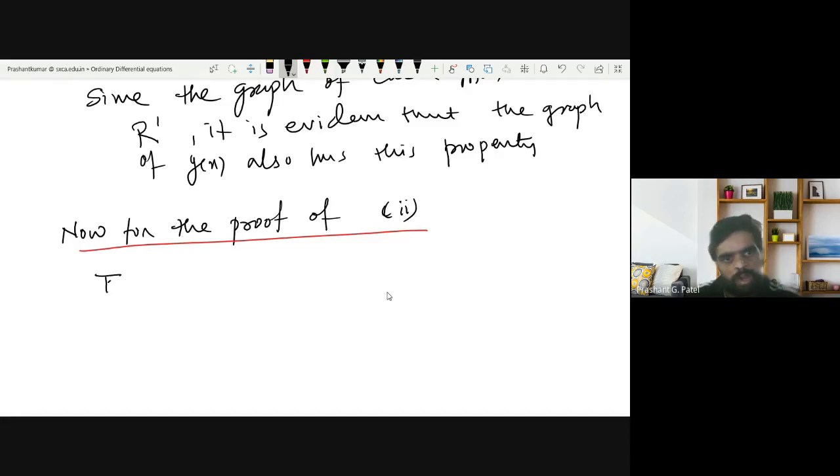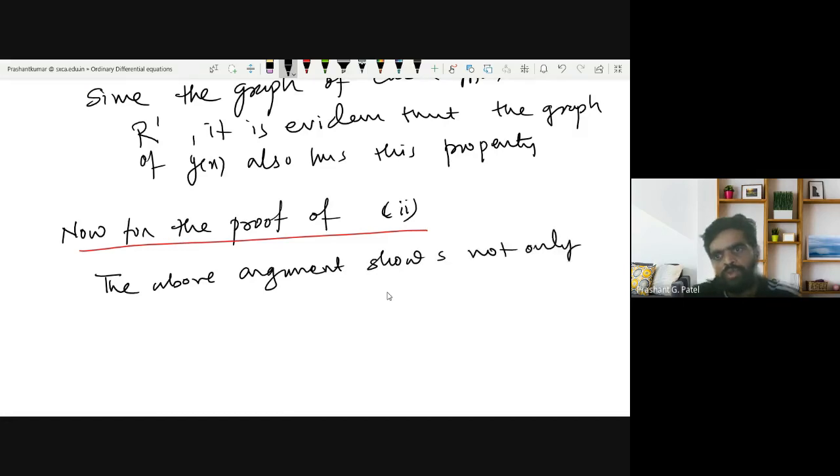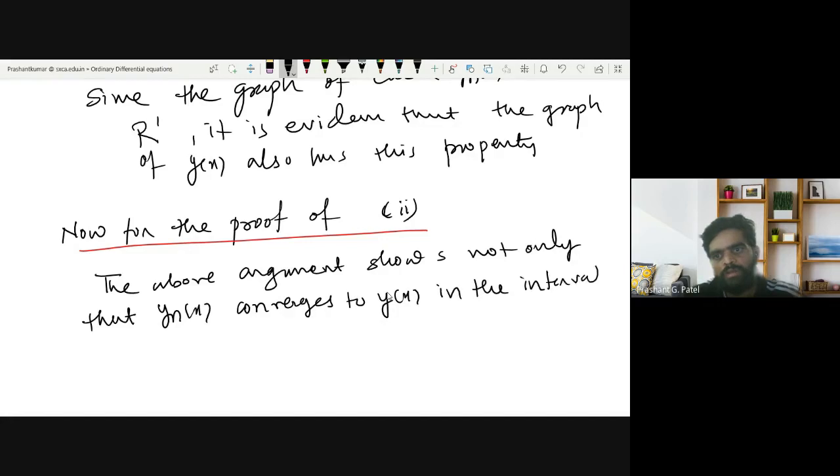So the above argument shows not only that yn of x converges to y of x in the interval, but it also says that this convergence is uniform.